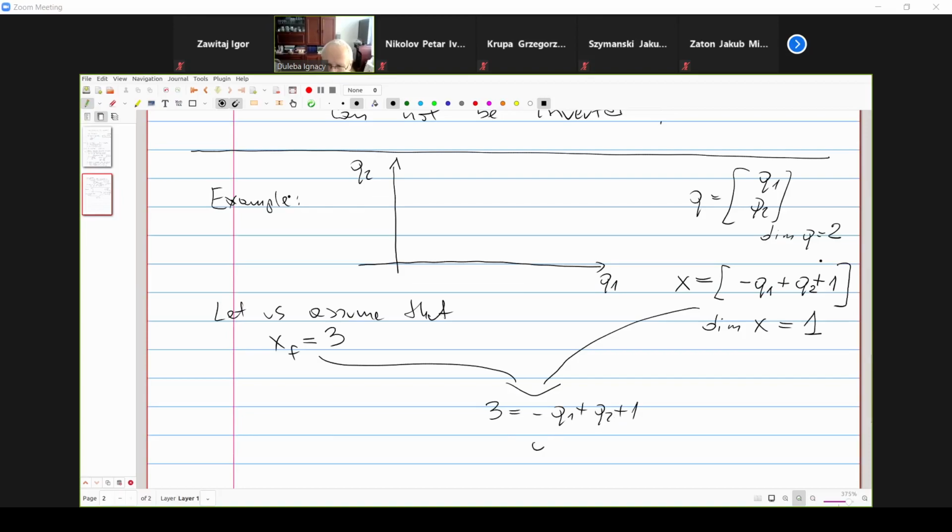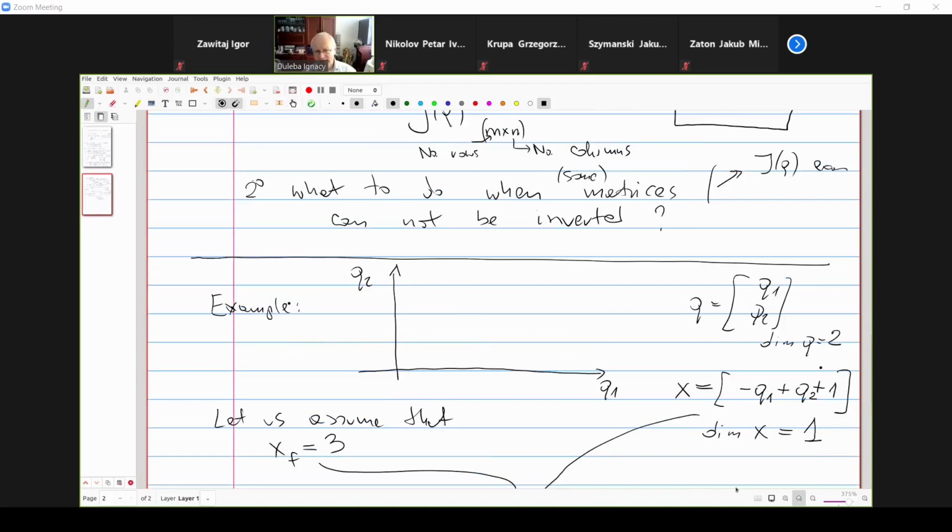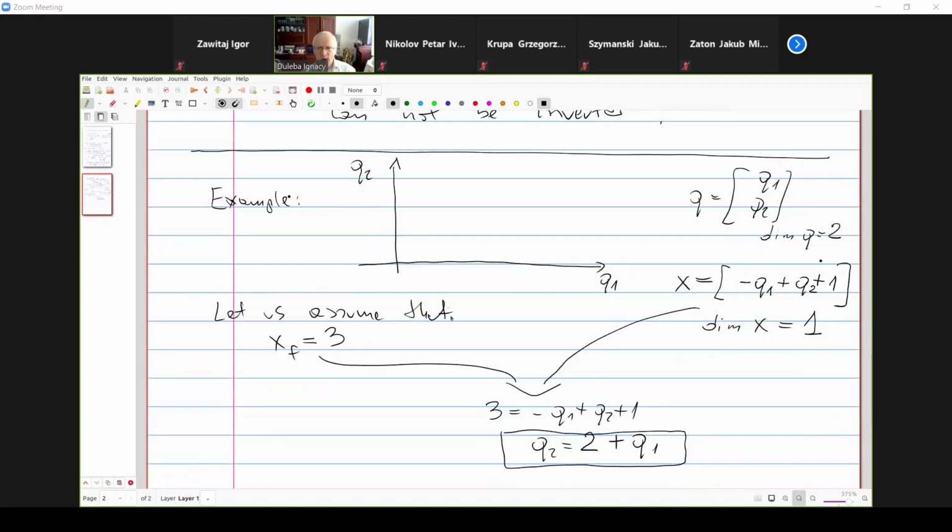So Q2 is equal to 2 plus Q1. So we obtain the following relationship. So let's draw a picture. Let's draw all points in the configuration space which satisfy this equation.